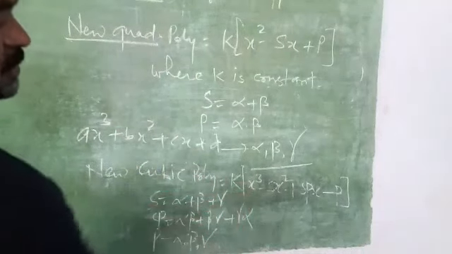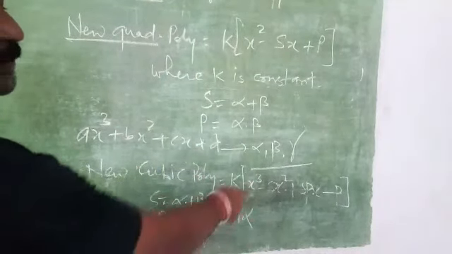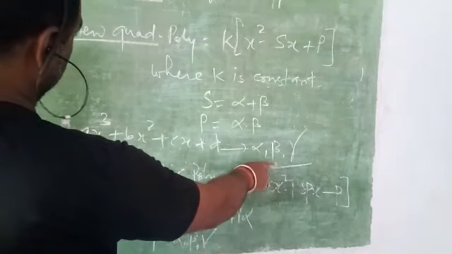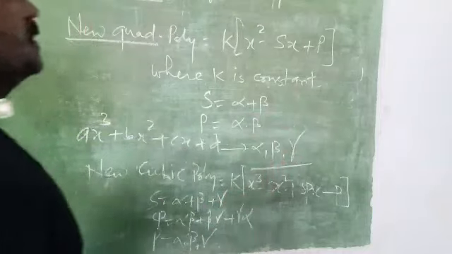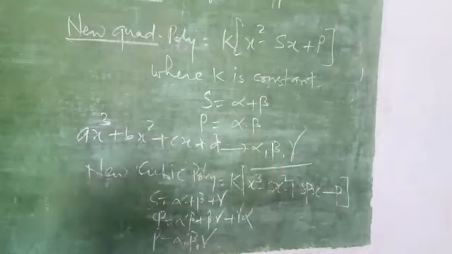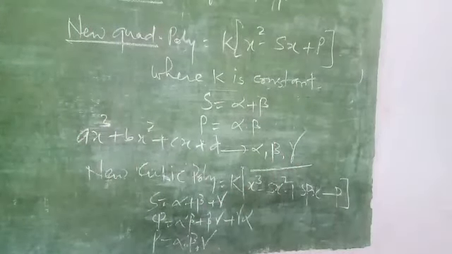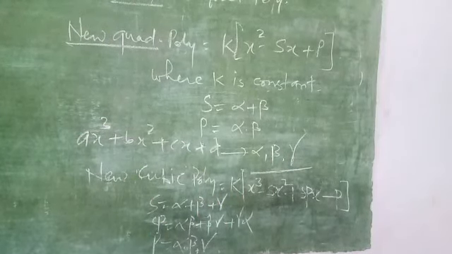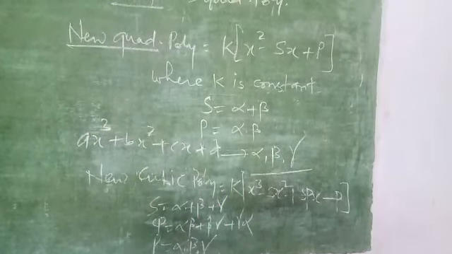By this formula or expression, we can prepare a new cubic polynomial when three of the zeros are given. So this is the relationship of the zeros with their respective polynomial.